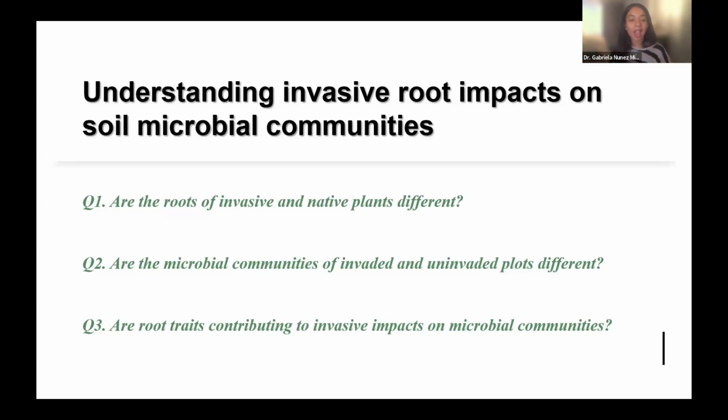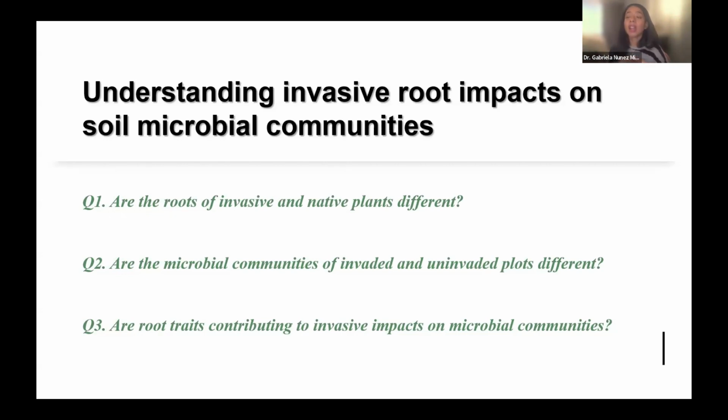The second question: are the microbial communities of invaded and uninvaded plots different? So, okay, we'll see if the roots are different. Now let's see if the microbial communities of plots with invasives and without invasives are different. That was step two. Step three: if we do find differences, are these differences in microbial communities attributed to the roots?